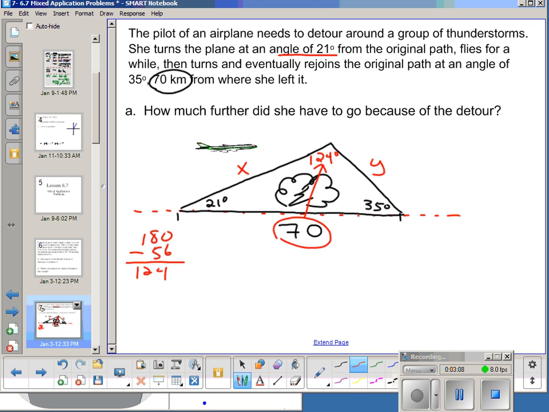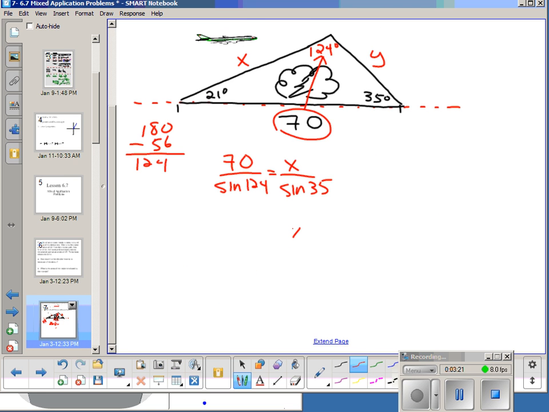I can set up two different equations. 70 over sine of 124 is the same as x over the sine of the angle opposite to it, right? And then I can solve that. X is 70 sine 35 over sine 124.